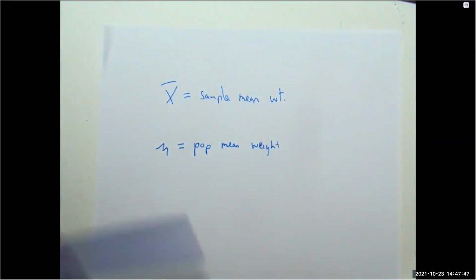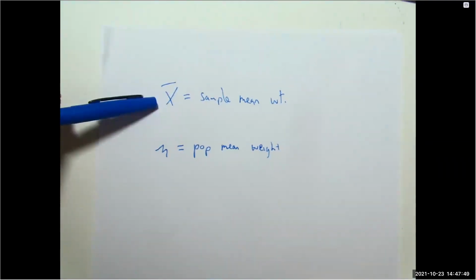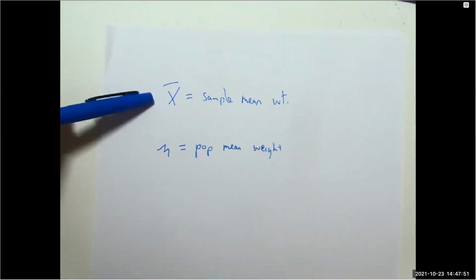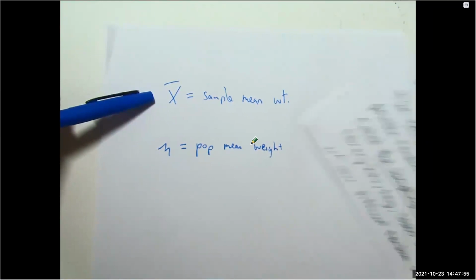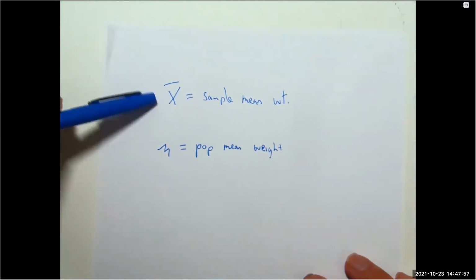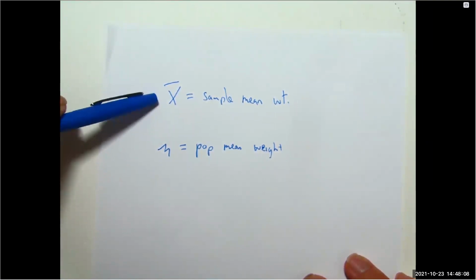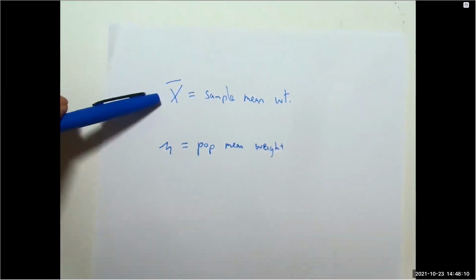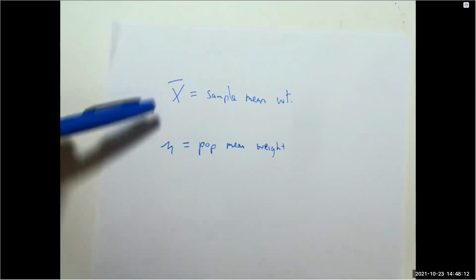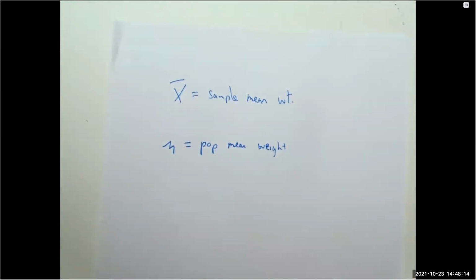Whenever you go out and get your random sample and calculate your mean X bar, we can put together the collection of 1,000 sample means and then average those sample means. And as long as we have a lot of sample means, we could come up with a fairly good estimate of mu, the population mean weight.